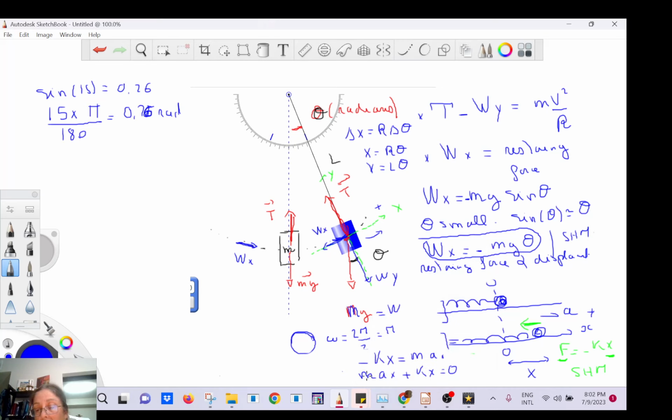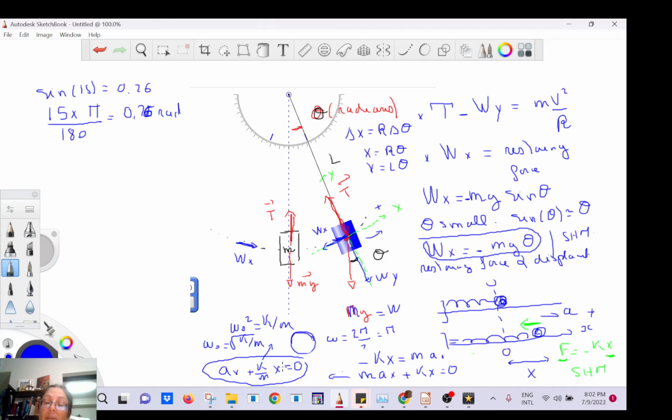And I don't want any coefficient here, so I can write that as the acceleration plus k over m times x equals 0. And what do you see here? This is your angular frequency squared, because the angular frequency is the square root of k over m.